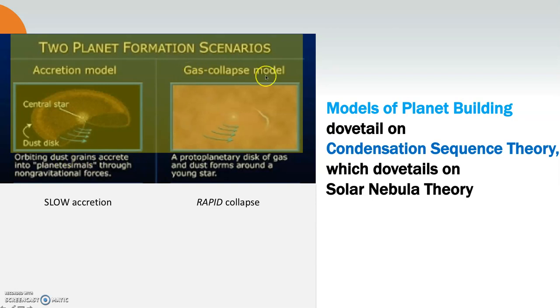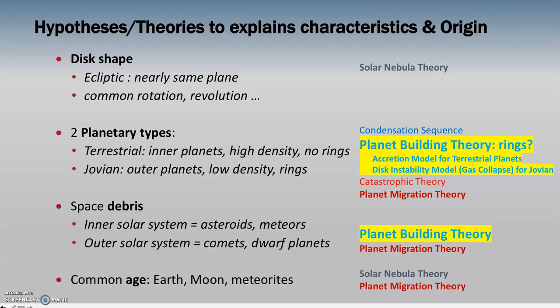And the gas collapse model, which is also the one you saw back there. I'm just going to go back here. The disk instability model is also called the gas collapse model.